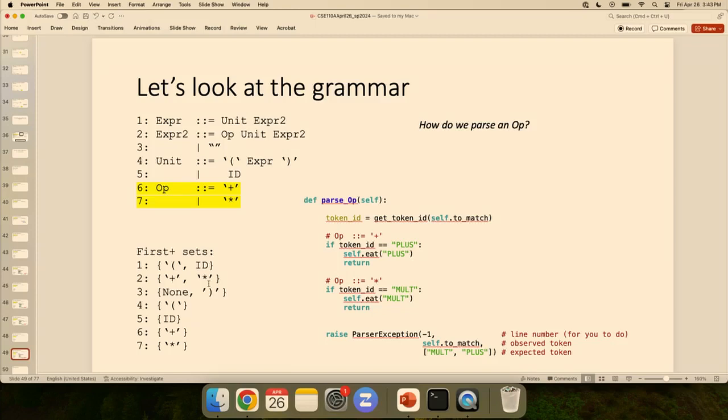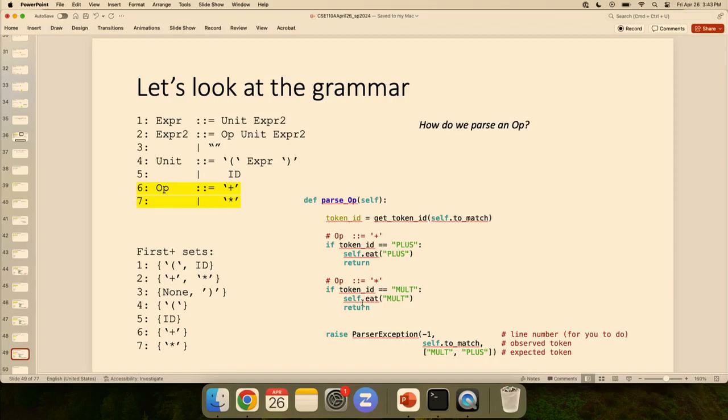So I think that ends up being pretty powerful, and it is what you will be doing for your next homework. But thanks to this homework 2, you will have your grammar written in a non-left recursive way. You'll have your first plus sets, and then you can essentially just write them down like this, and you will have a parser, and you won't have to rely on ply anymore.